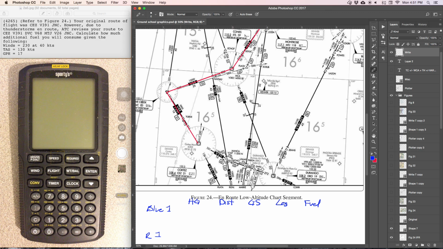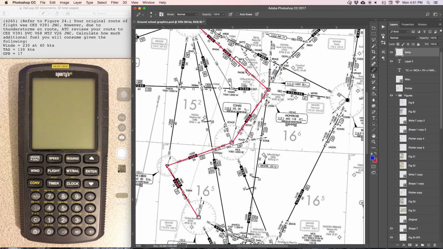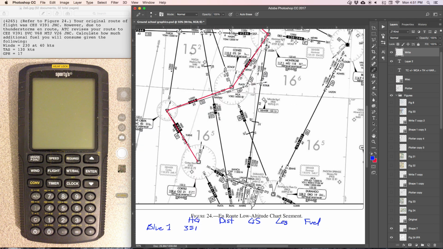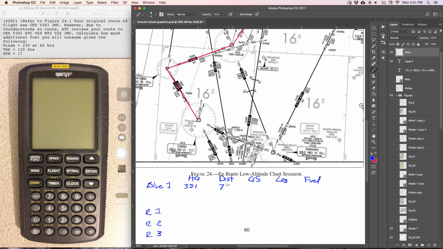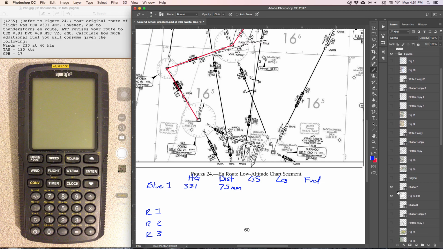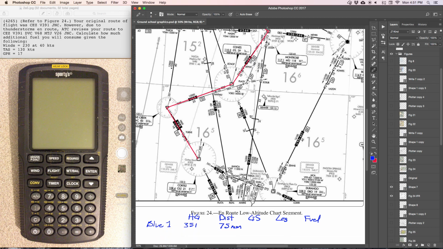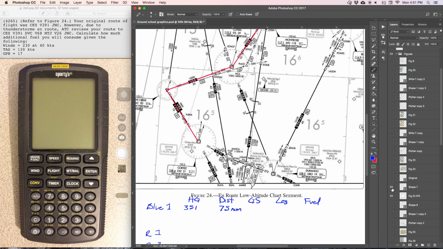So heading for blue leg 1 is 351 degrees, and the distance given boxed in here between the two VORs is 75 nautical miles. And then for red leg 1, since we can skip this first portion, we're looking at 52 degrees and then 35 nautical miles.